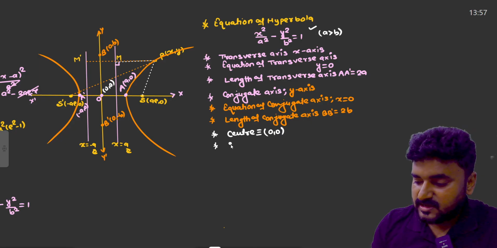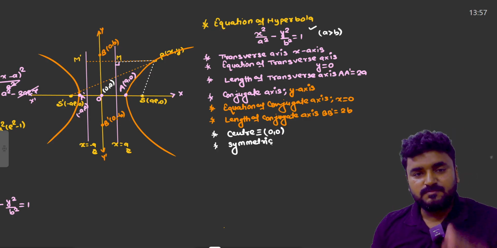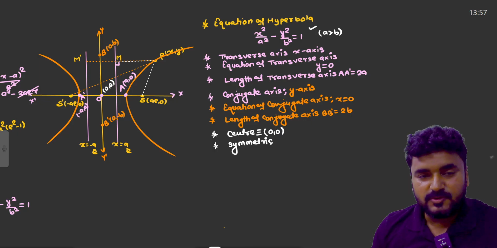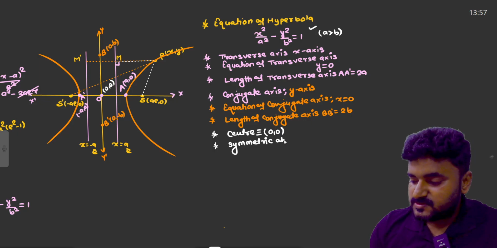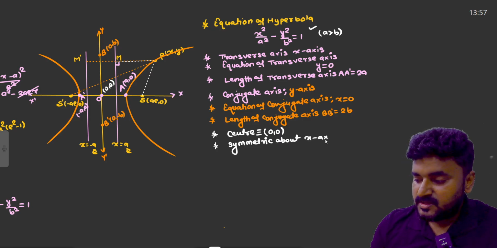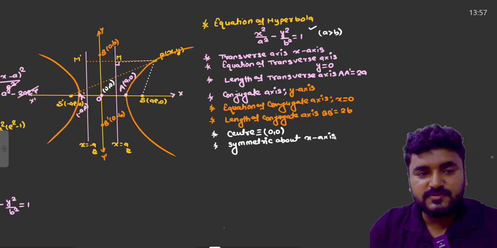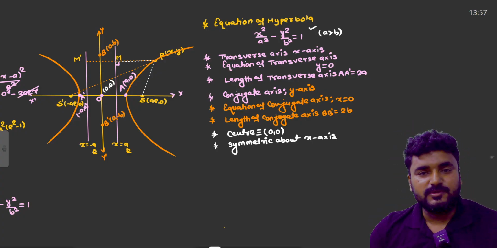After center I will write symmetric. So symmetric is that line which divides the complete hyperbola into two equal parts. So I should say symmetric about the x axis. The x axis is going to divide the hyperbola into two equal parts. So symmetric about will be the x axis.